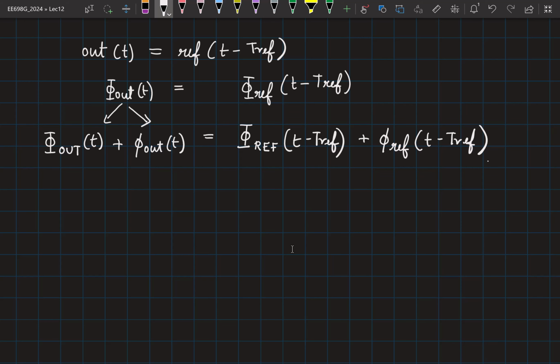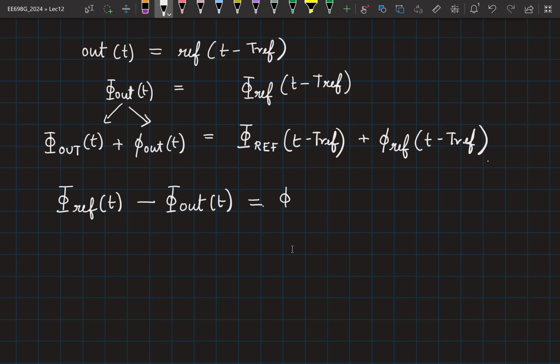So far okay? So can you quickly tell me the expression for phi ref of t, the total phase of reference minus the total phase of the output? 2 pi. Is it 2 pi? Yes.